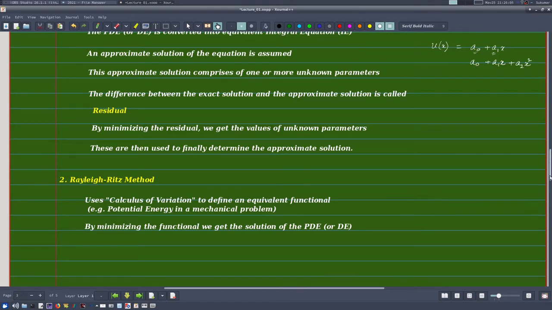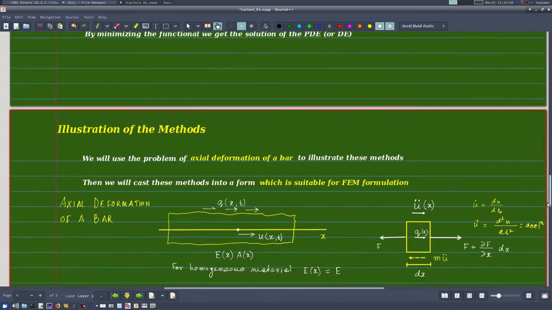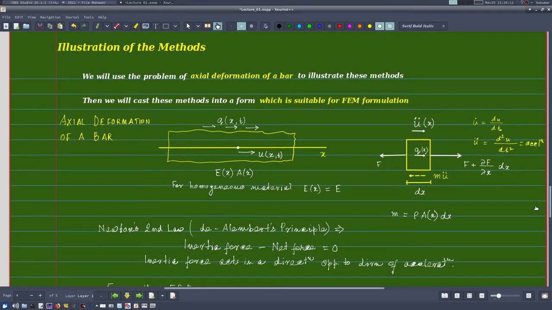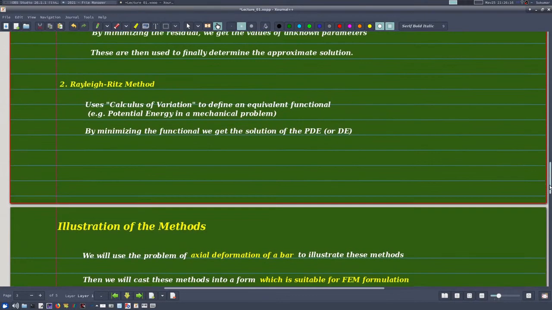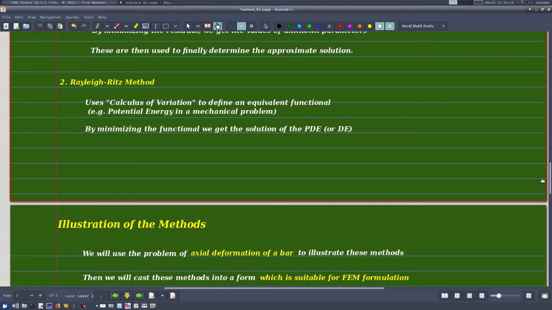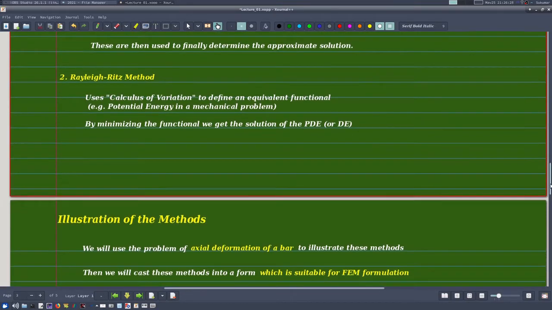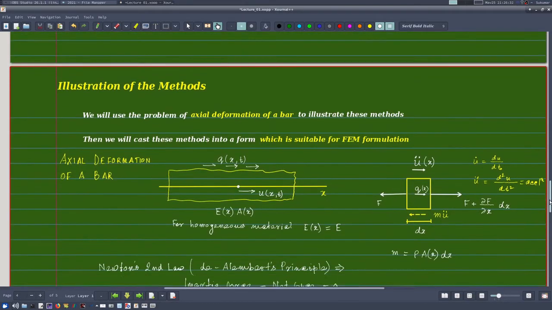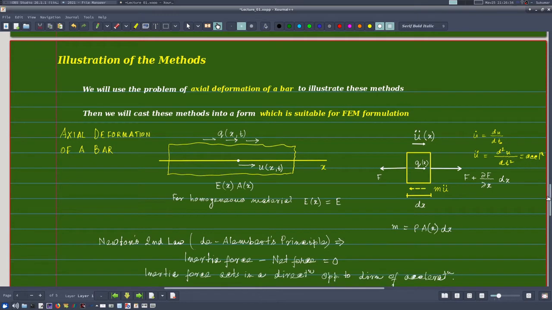Once we understand the methods, we will cast them in a form which becomes amenable and easier to bring into the finite element form, so that we can easily find the finite element stiffness matrices.